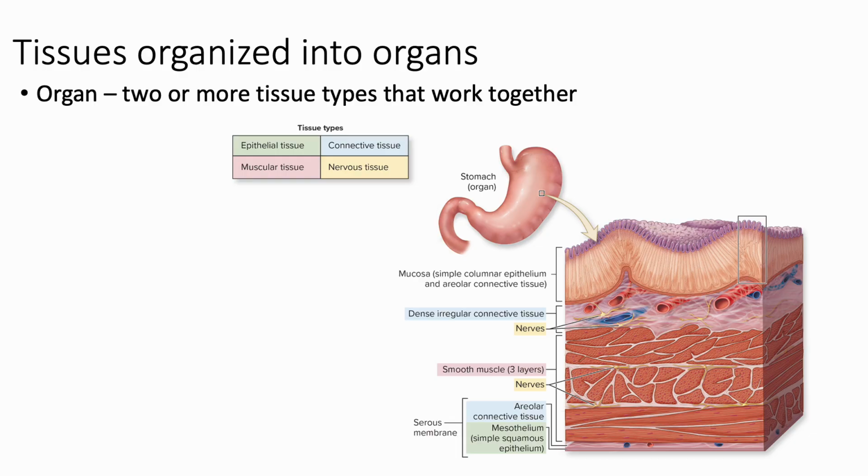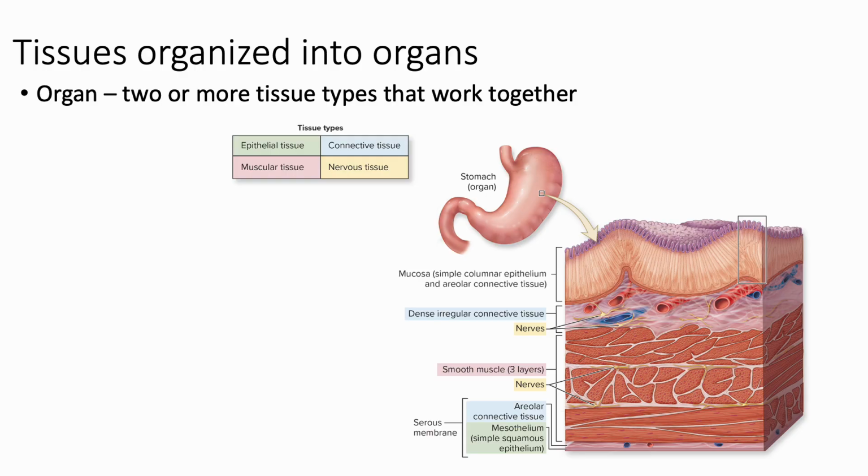And as an example here, we're looking at the stomach, which is an organ, and we're looking at the different tissues that make up the stomach organ itself. So we see that at the surface or in the lumen of the stomach, we have epithelial tissue, the simple columnar epithelial. We have areolar connective tissue.